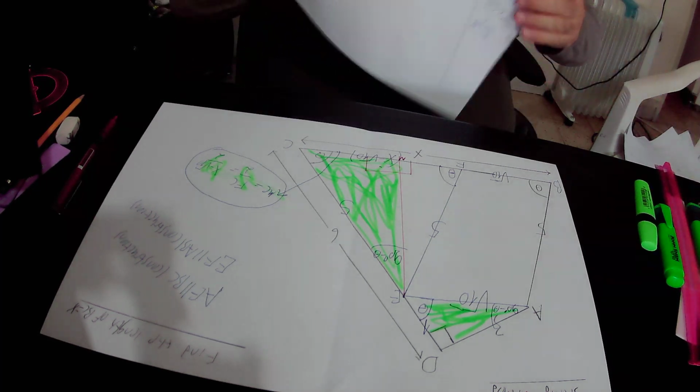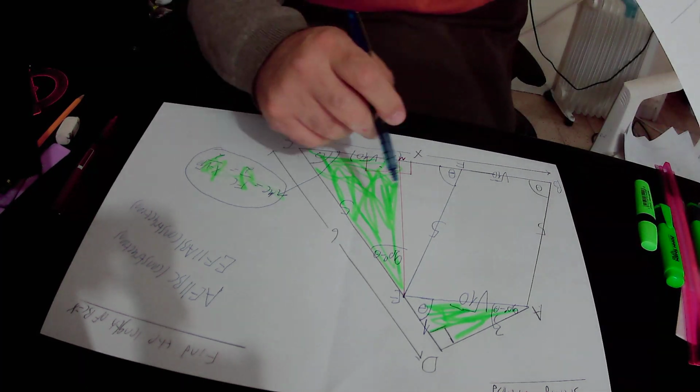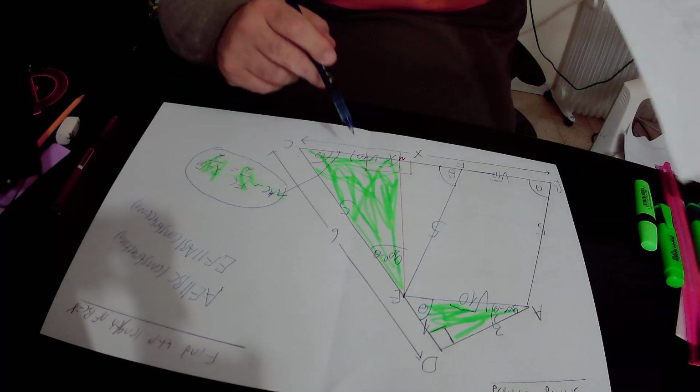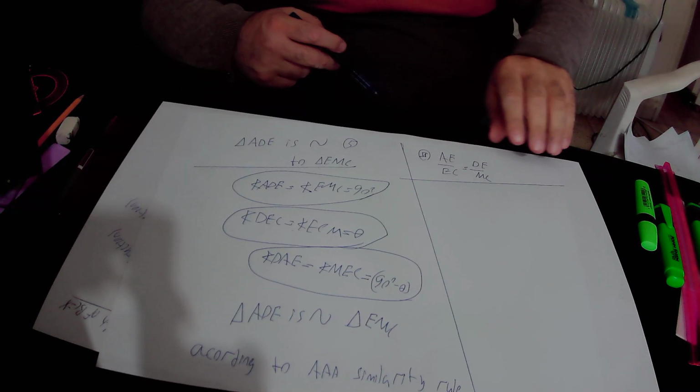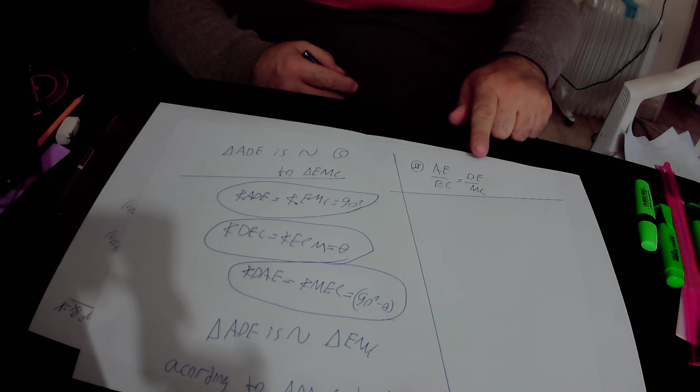I'll repeat again. From the fact that triangle ADE is similar to triangle EMC, we conclude that AE over EC equals DE over MC.